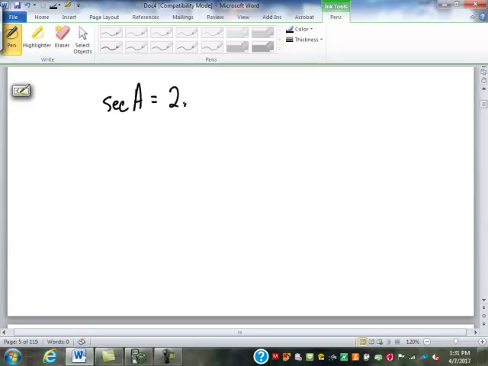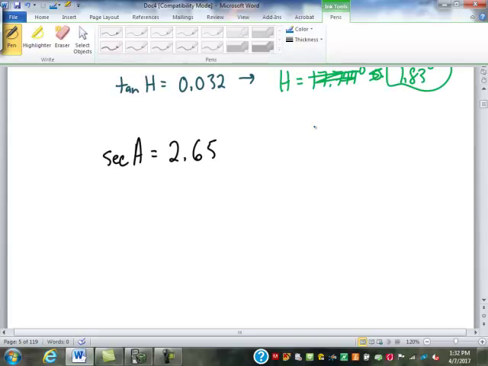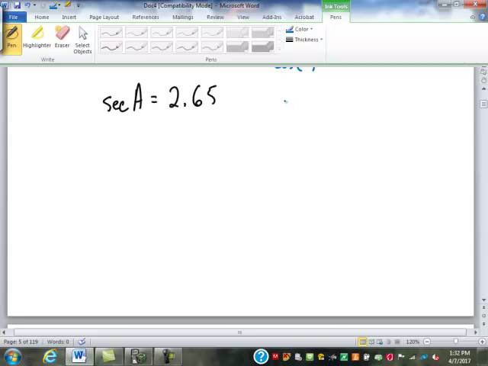What if I tell you that the secant of A equals 2.65? Now remember, when we calculated a secant, what keystrokes did we do? We did cosine, put in the angle, closed the parentheses, and did that x negative 1, right? So to do an inverse secant, I mean, obviously there's no secant button, so there's definitely no secant inverse button. To do an inverse secant, you press second, cosine, negative 1.